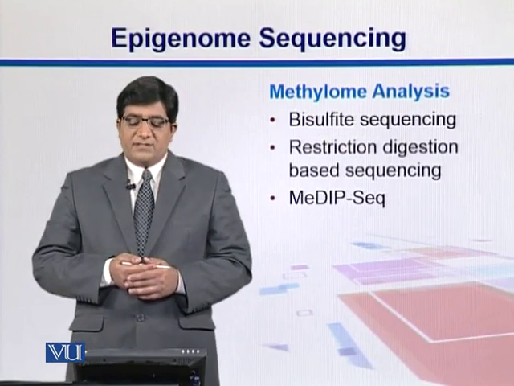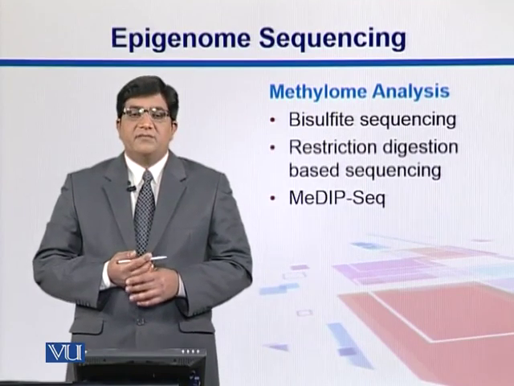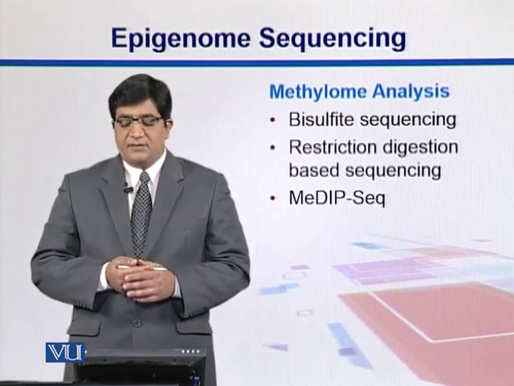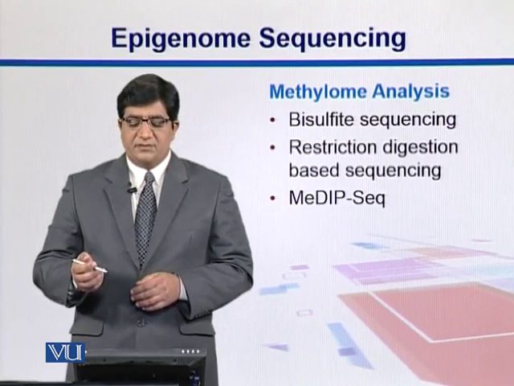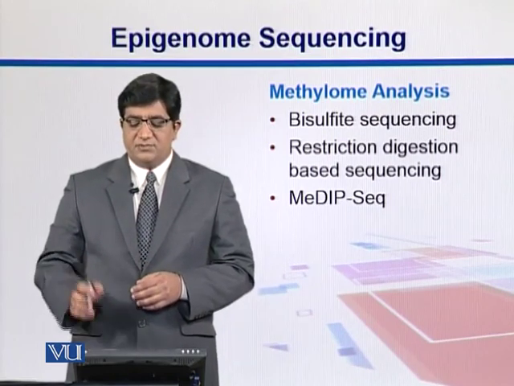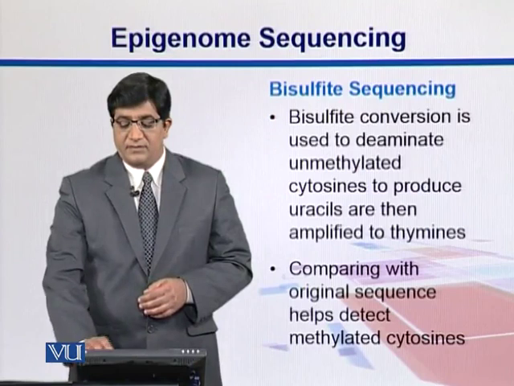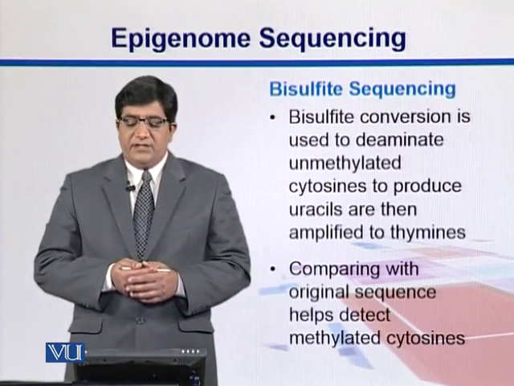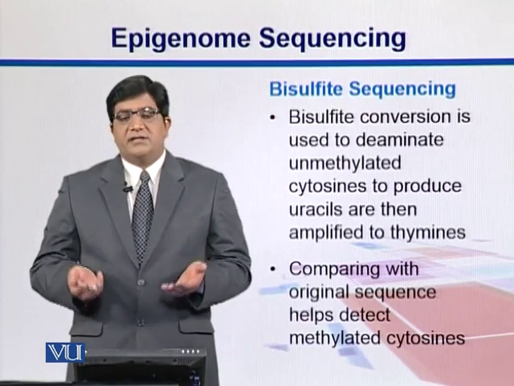So methylome analysis, as I said, can be done with the help of bisulfite sequencing. We can also do restriction digestion based methods, and we can also do MeDIP-seq. In bisulfite sequencing, we deaminate unmethylated cytosines.